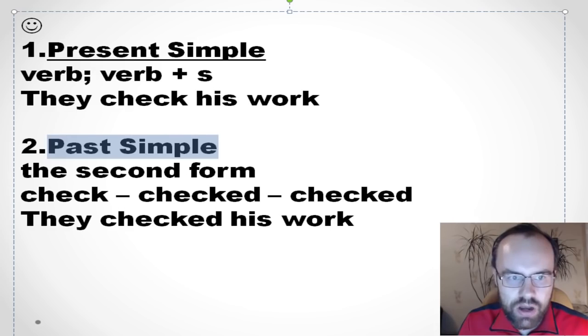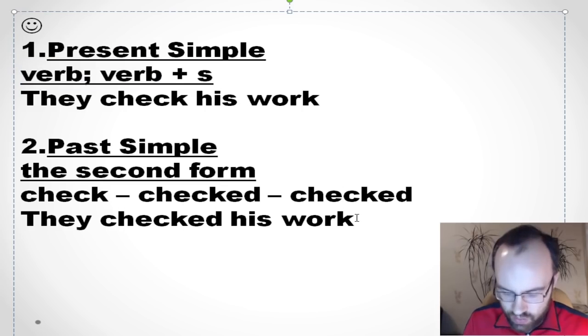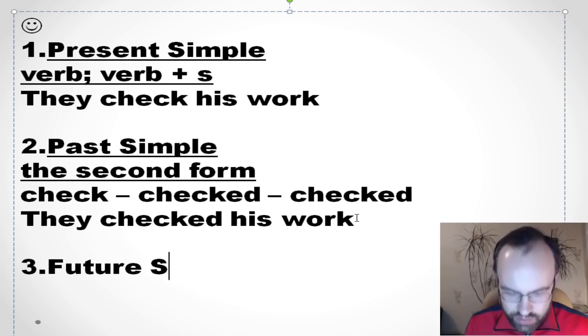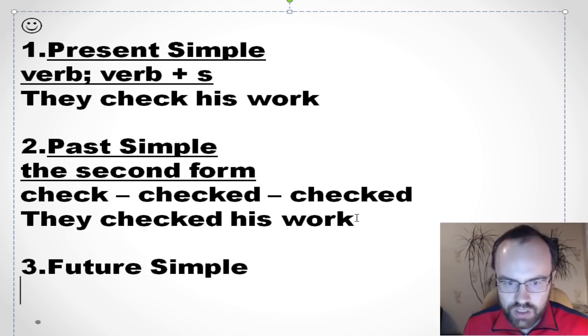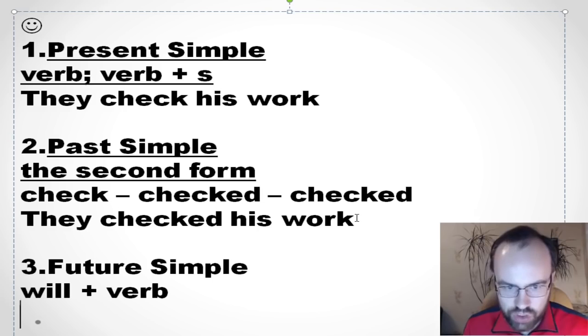So present simple, past simple, it's easy. What about future simple? It's also very easy. How do we form it? Will plus verb, and we talk about the future.